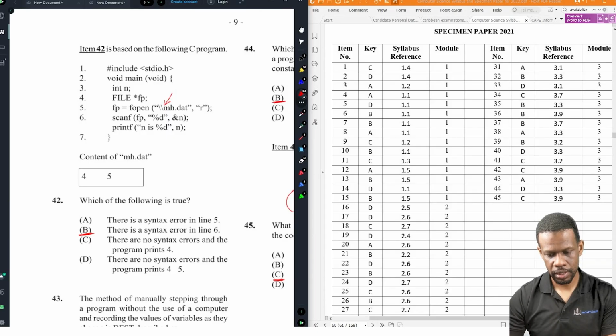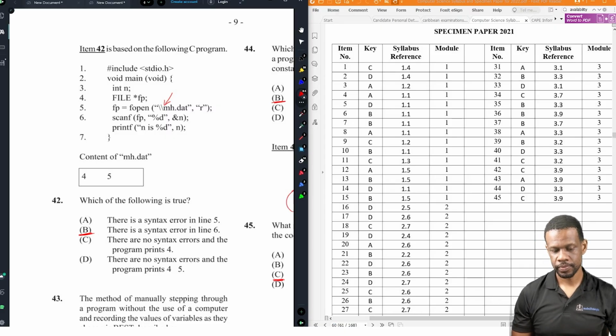For 42, they have that there are no syntax errors and the program prints 4. Clearly that's wrong because you can't scan from a file by putting scanf, you have to put fscanf. So on line 6 there is a problem. Yeah, we can't agree with that.